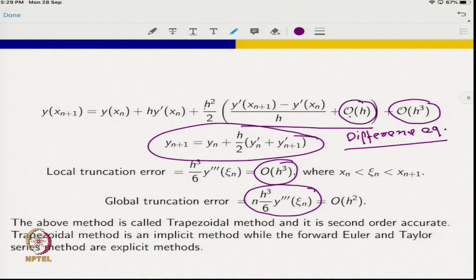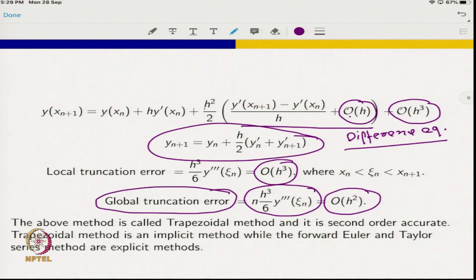So this is order of h square. The trapezoidal method is second order accurate, because the order of the method is governed by the order of the global truncation error. That is what we have already said.